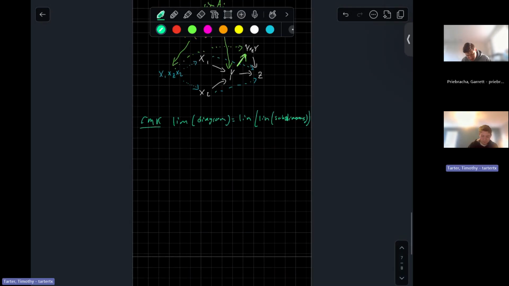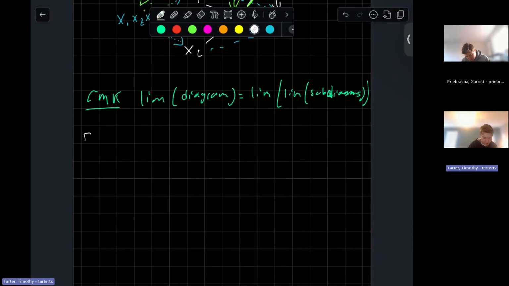So, we have another example of limits that follows from a definition. Let A be a ring.